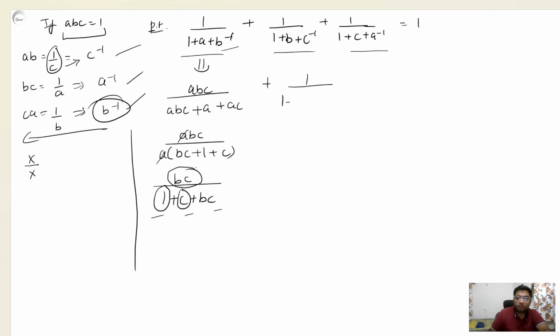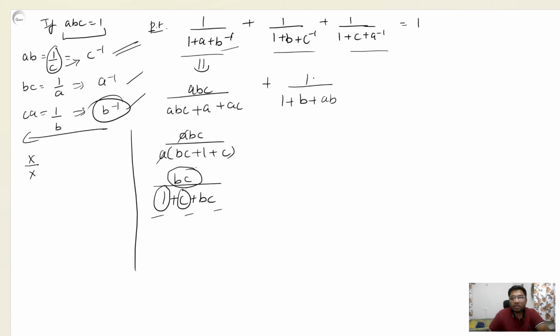This time around, we'll write 1 plus B, and we will not replace C to the power minus 1 with AB. Because when we replace it with AB, the problem happens here. You will write AB here, then you would want to replace this with ABC, and then you will say B is common this time, so B and B will cancel, right?